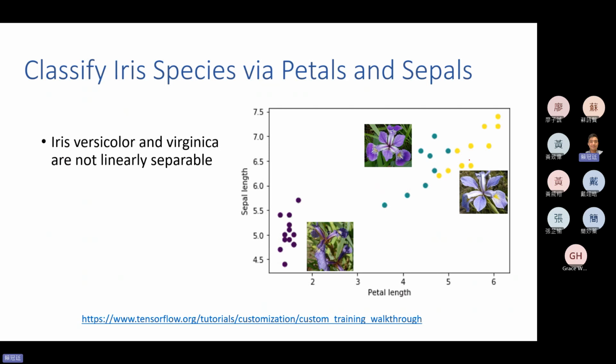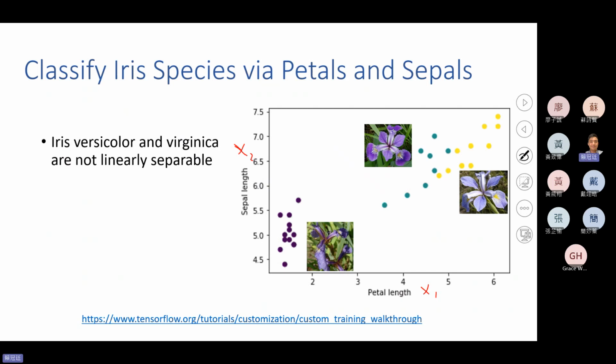So first we can try to visualize it. We use the petal length and the sepal length as an example, because 2 features are easier to visualize. In fact, we can only visualize up to 3-dimensional data, right?